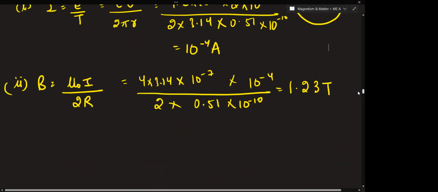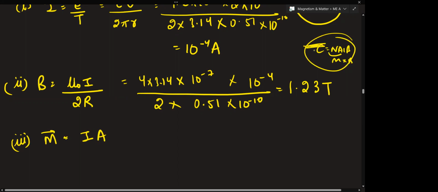Magnetic moment is current multiplied by area. That's why we got the equation. Remember, for torque we did NAIB because this is M cross B. That's from where we got all these things.